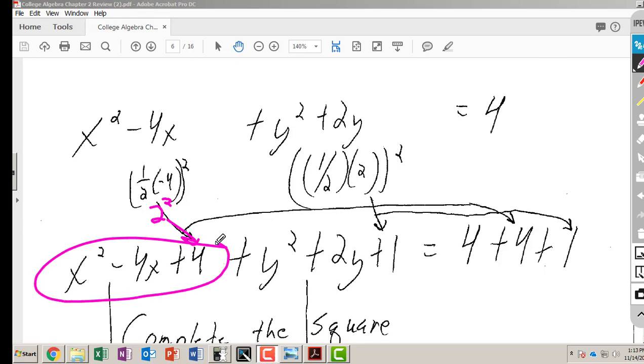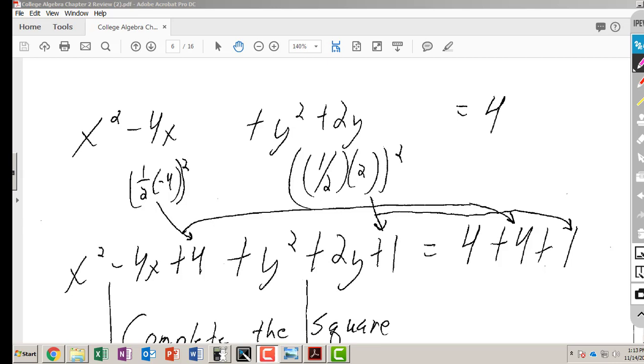Now I can go on to my y value. Here's my 2 again. Just like -4 was my b value for the x's, this 2 is my b value for the y's. So I take half of 2, which is 1, and 1 squared is 1. That number goes right there, and it makes it factorable.